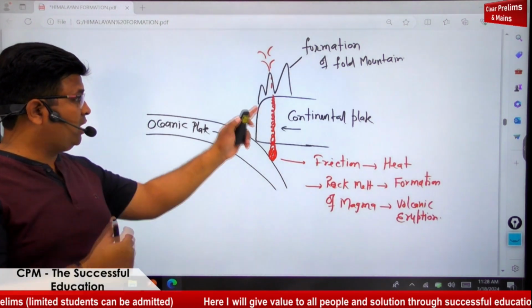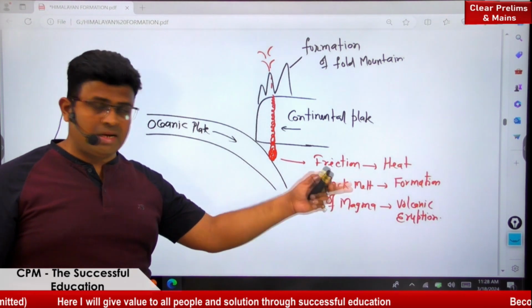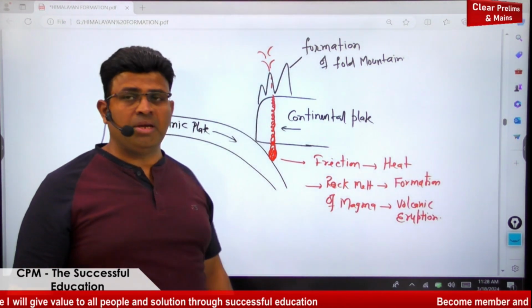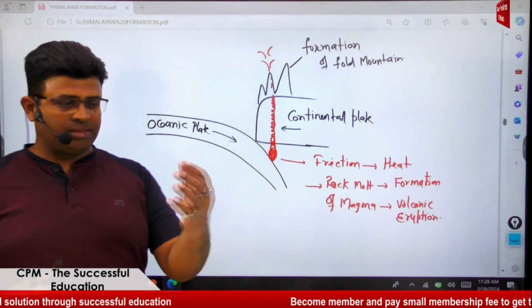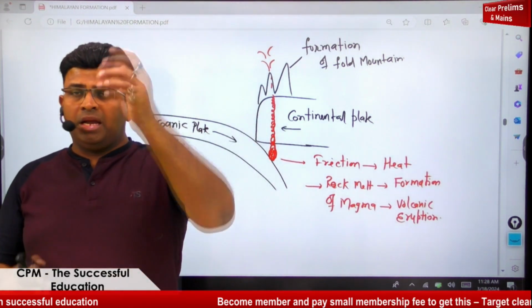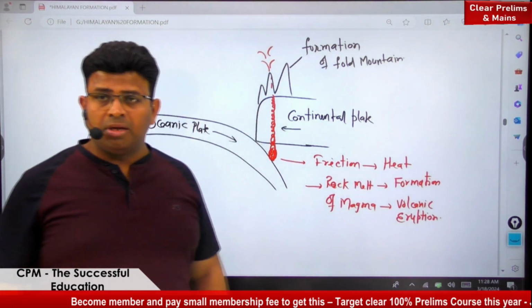Then we have seen that due to the friction, the heat generated melts rock, and the molten rock helps in the formation of magma. This magma expands, becomes lighter, and starts moving upward.